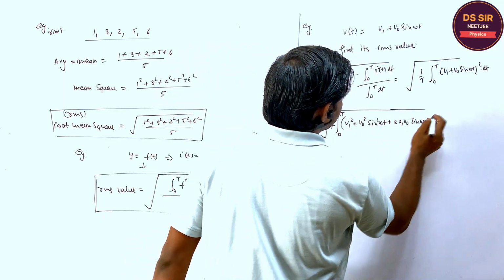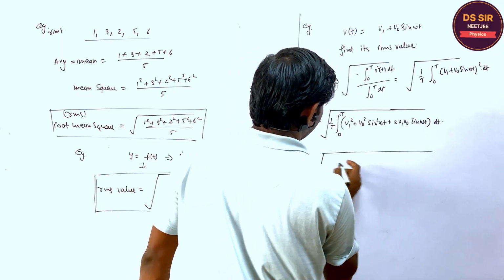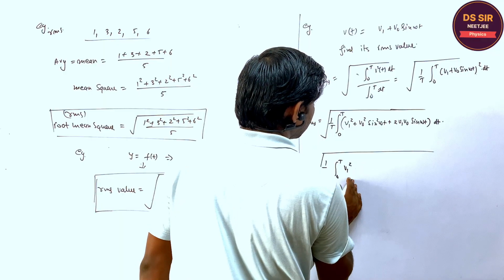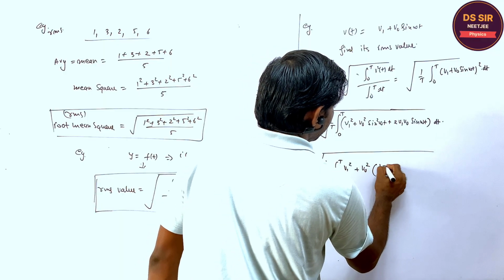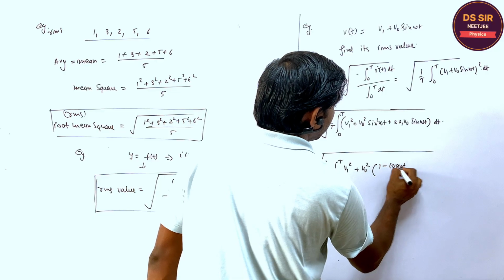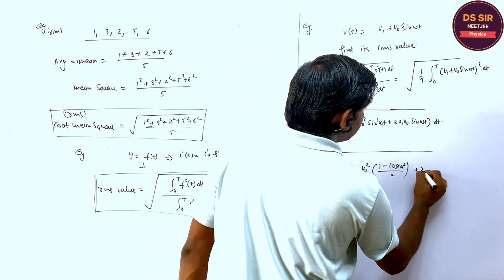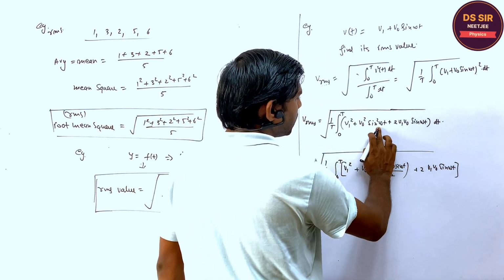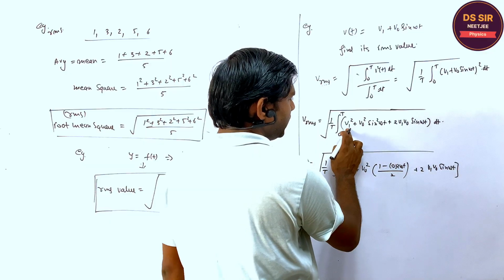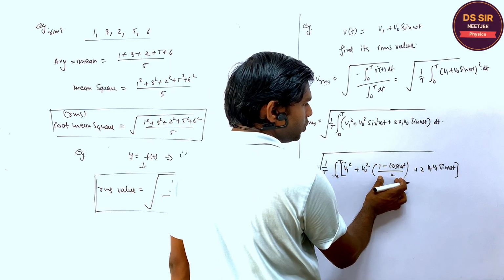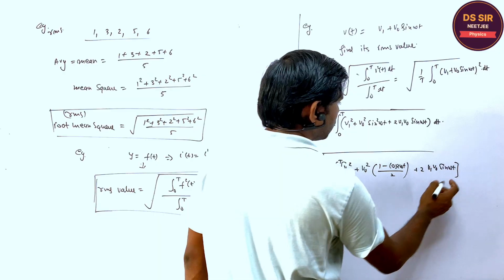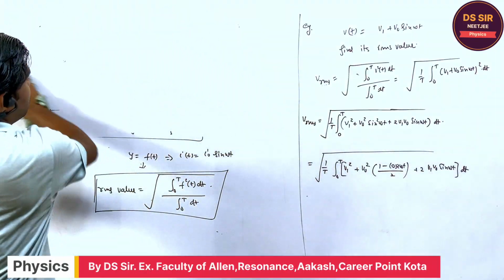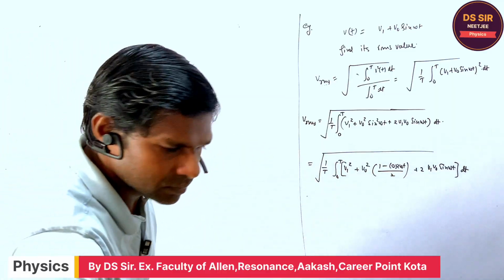To integrate this, listen, 1 by T, from 0 to T, we have V1 square plus V0 square sin square omega t, which may be written as (1 minus cos 2 omega t) by 2, and the cross term is 2 V1 V0 sin omega t. First you have to convert it, because to find the integration you need this form, and we know these integrations.